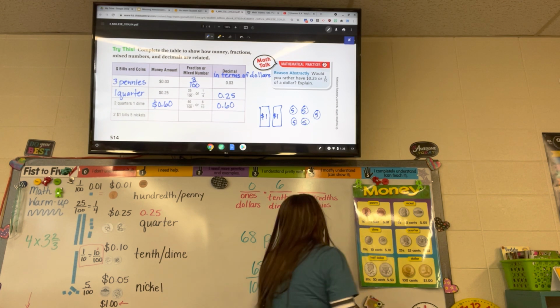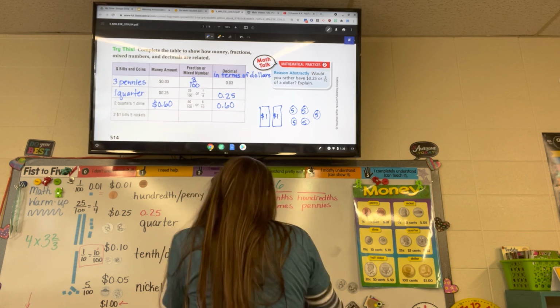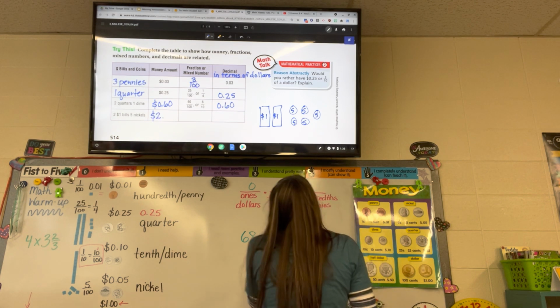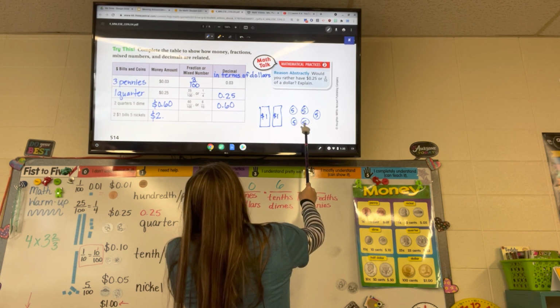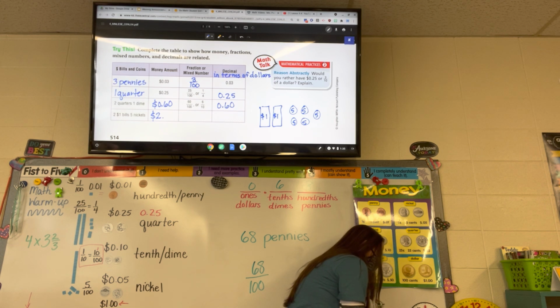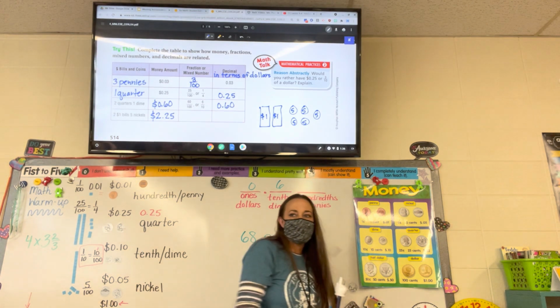So we've got $1, $2. So that's 2 wholes. So we're going to put the dollar sign in 2 wholes. Then we have 5, 10, 15, 20, 25. $2.25. And how would you write that as a fraction or mixed number?